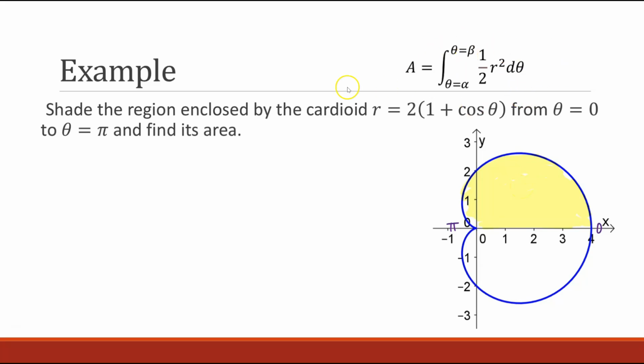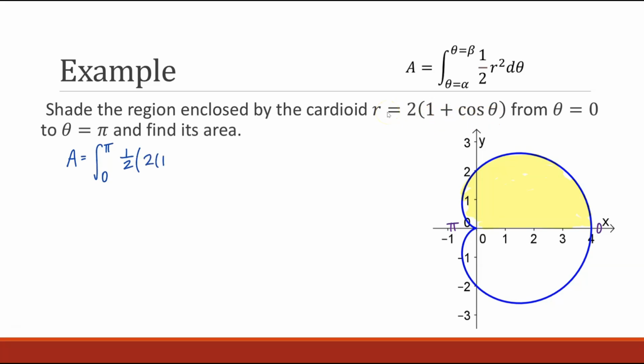And what we're going to do is use this area formula up here. So we're looking at A is equal to the integral from 0 to pi, and then we have 1/2 the radius. Well, the radius is given by the polar curve r equals 2 times the quantity 1 plus cosine theta.